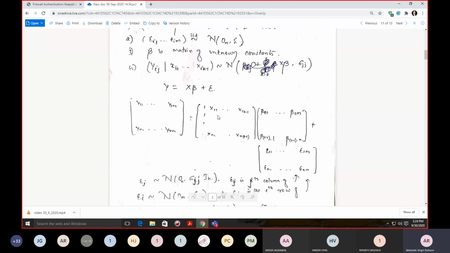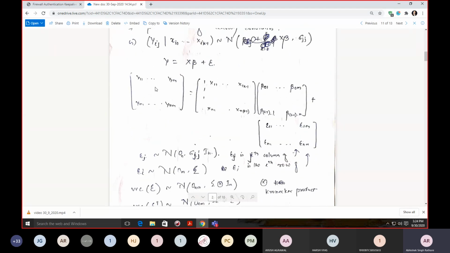So these are the matrix entries of your y. This is y11 to y1m and yn1 to ynm. So we have n cross m values available here, and this is my x matrix. We suppose that x0 is just 1, so we have 1, 1, 1 values, and then x11 up to x1(k-1) and so on, right up to 1, xn1 up to xn(k-1).